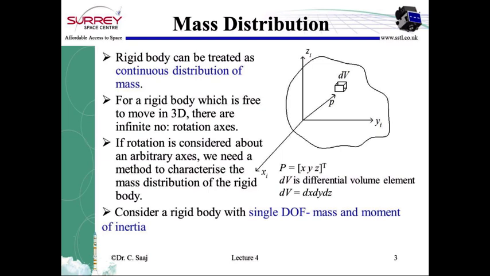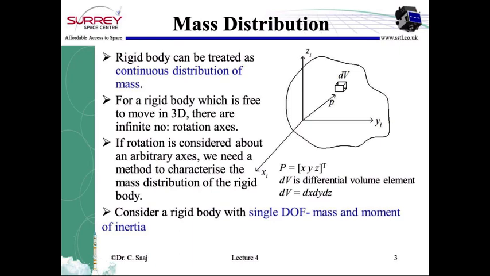Let's consider this rigid body that has a single degree of freedom. So we are going to analyze the mass distribution based on the illustration for a random rigid body shown here. Let's consider that the axes xi, yi, zi for this rigid body are arbitrarily chosen, and the object is free to rotate with respect to its zi axis.